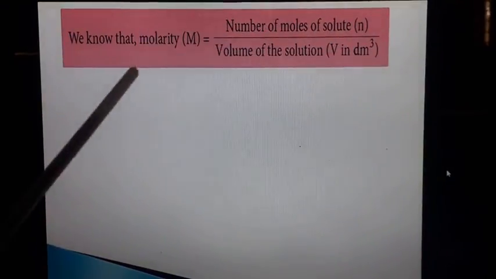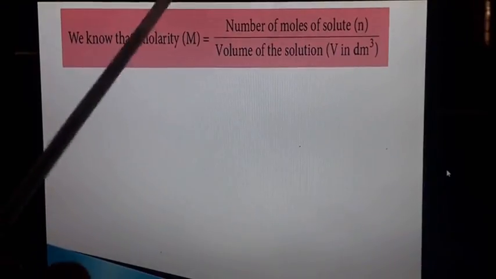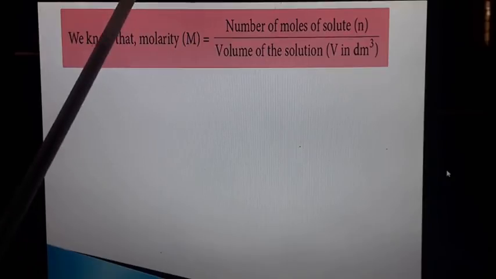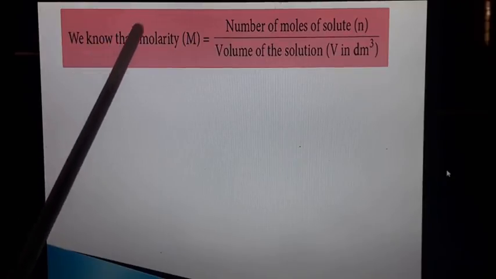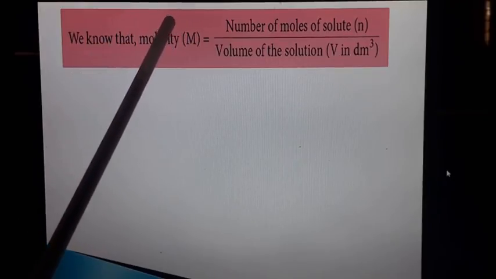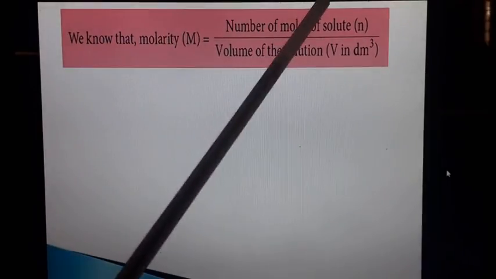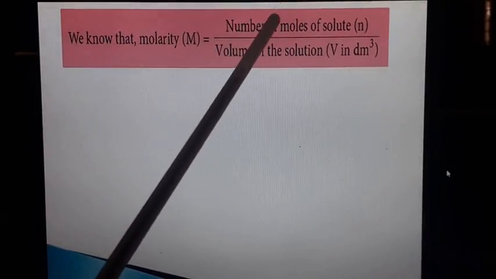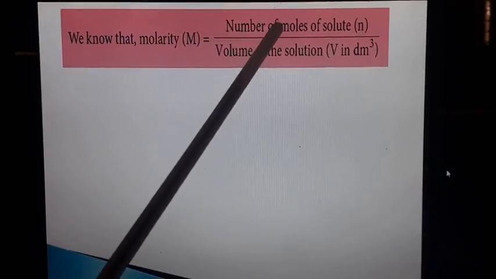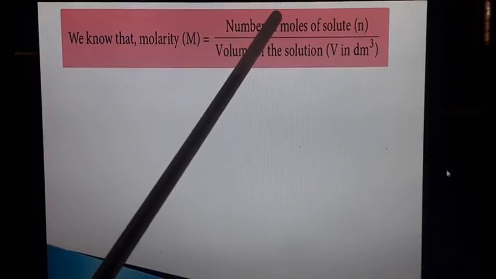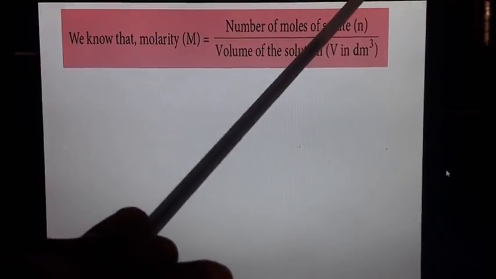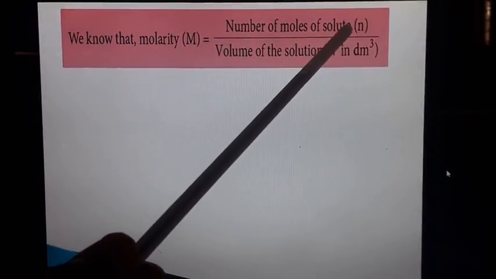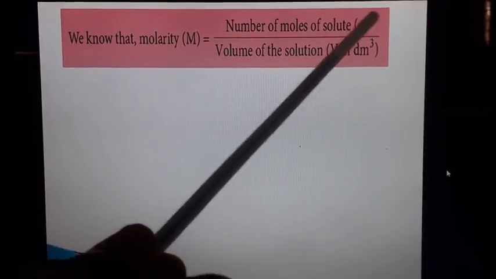We know the very important formula for molarity, which we already saw in ionic equilibrium. Molarity is the number of moles of the solute, n, divided by the volume of the solution, V in decimeter cube.